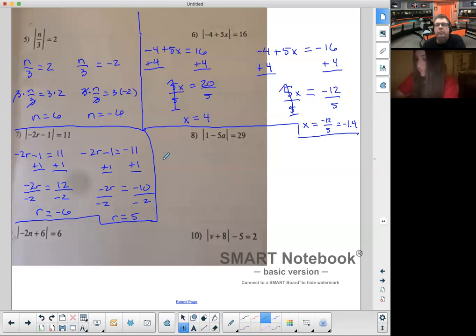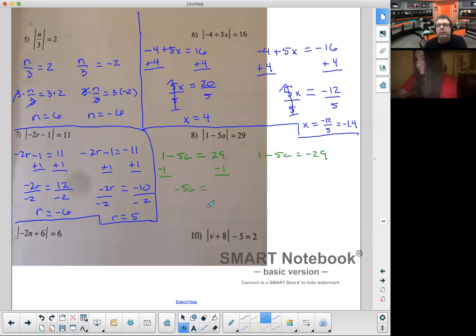So 1 minus 5a equals 29, or 1 minus 5a equals negative 29. There you go. So we have to get rid of 1. Good. And how are we going to get rid of the positive 1? Negative 1. There you go. And then you have 5a equals 29.